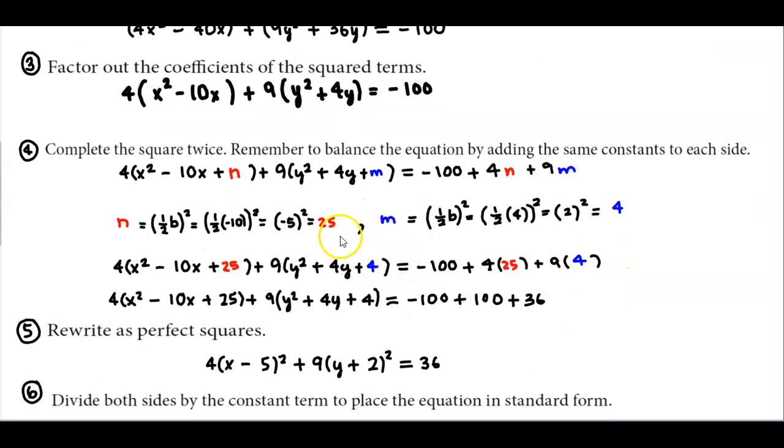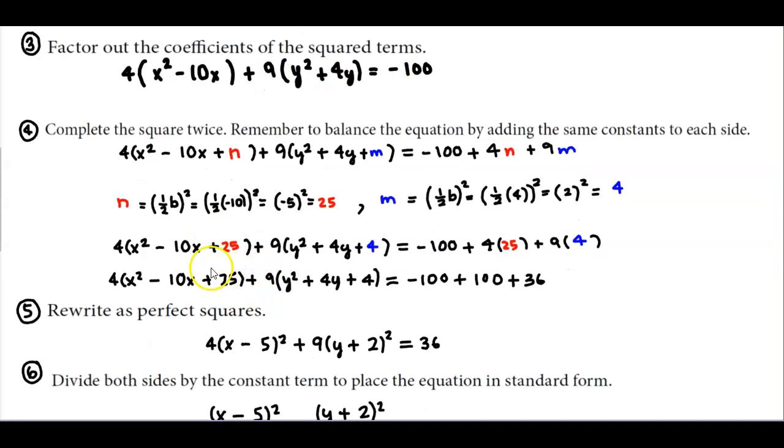And now we can substitute n and m into the equation. So we have 4 times (x² − 10x + 25) plus 9 times (y² + 4y + 4), and that's going to equal negative 100 plus 4 times 25 plus 9 times 4.